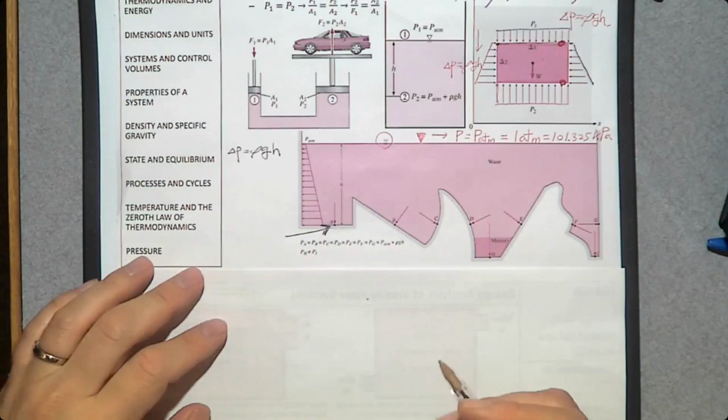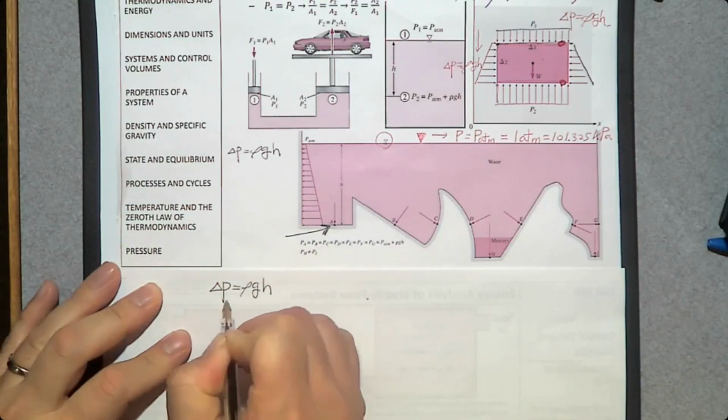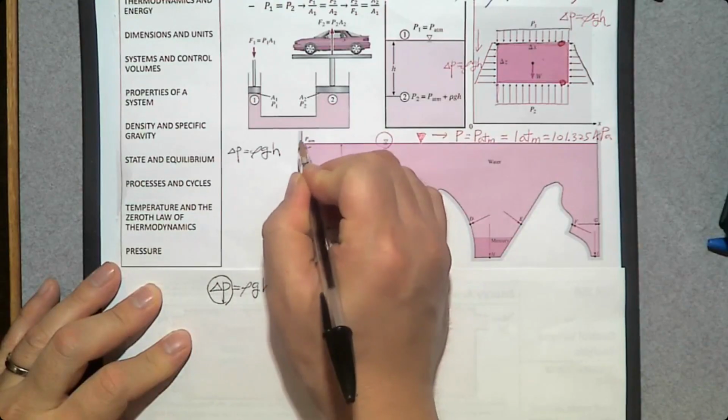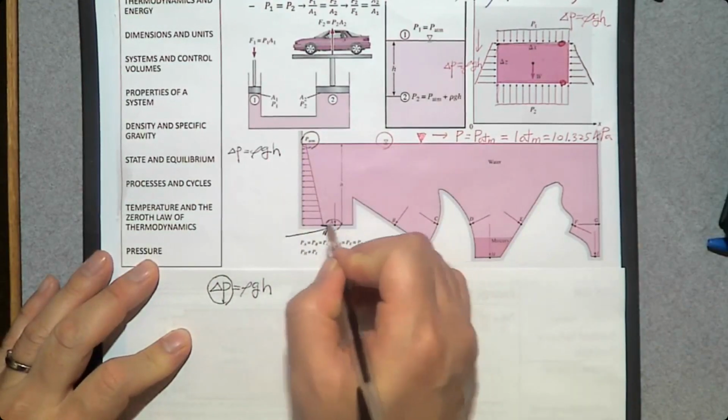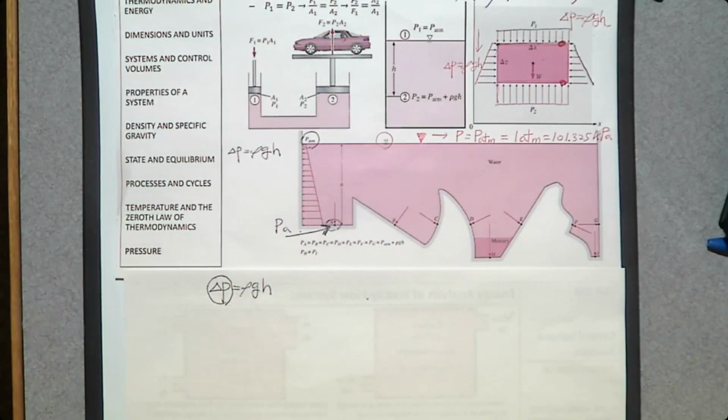And how can we do that? Delta P is rho gh. What is delta P between P atm and PA? Between P atm and the pressure at point A, we know PA is greater than P atm because pressure increases in the gravity direction.